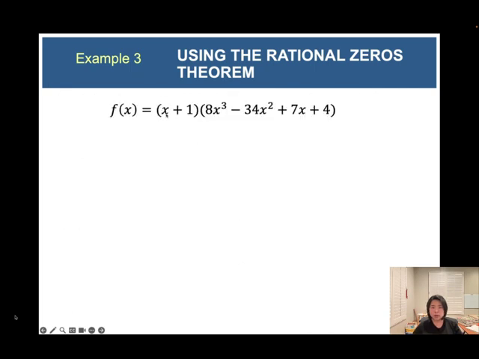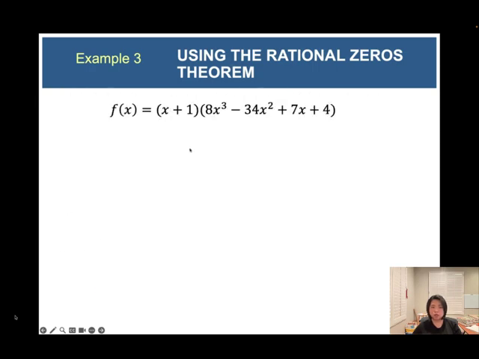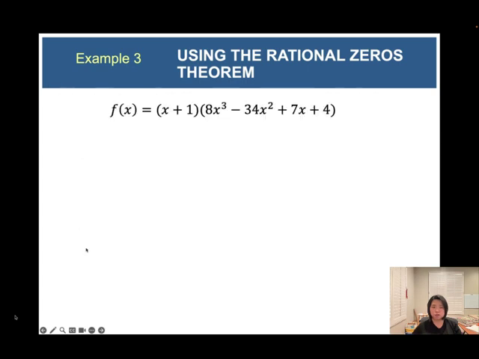Okay, make sure you write down the x plus 1 as well, okay? We do have x equal to negative 1, which is gonna be the factor x plus 1 here, and then times the quotient.